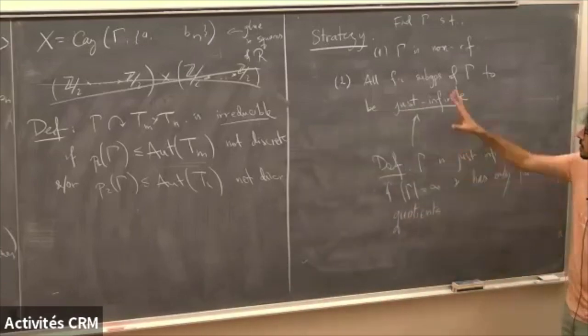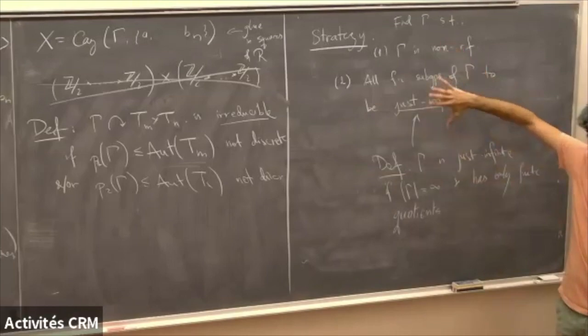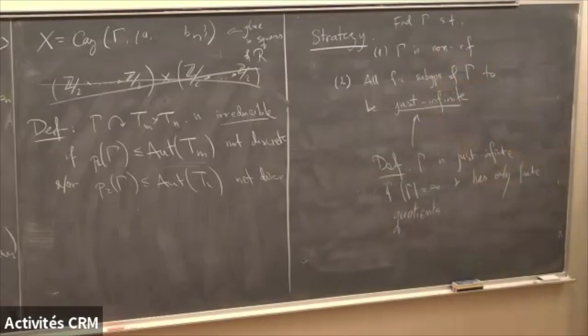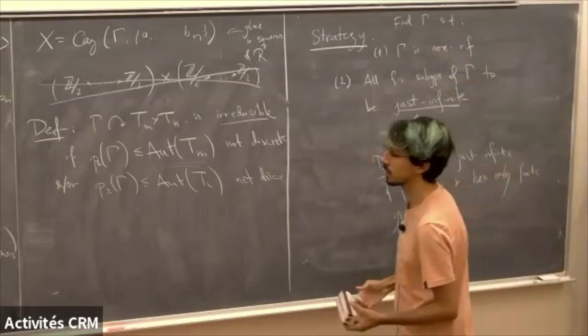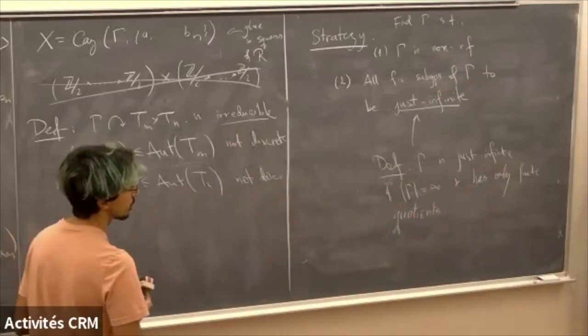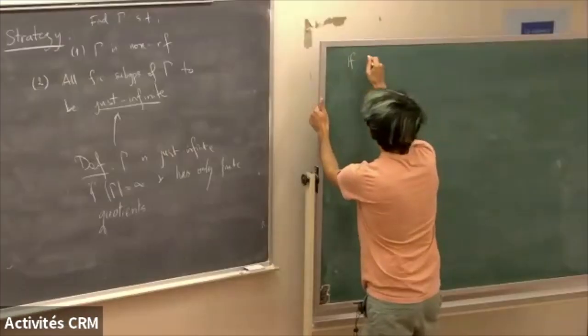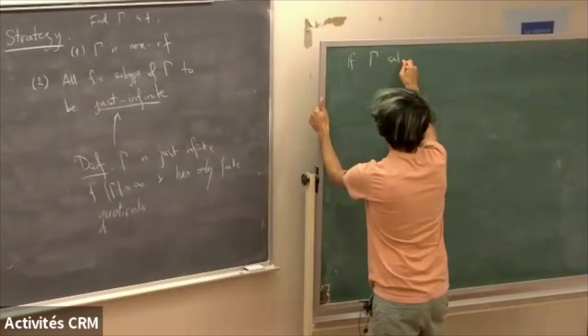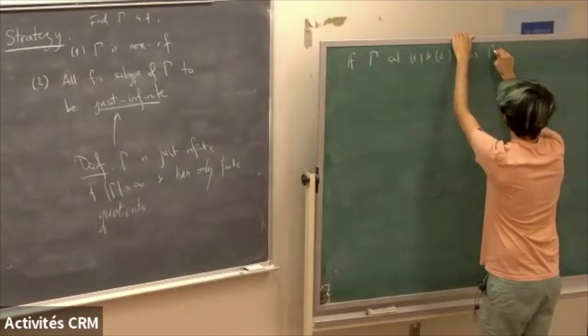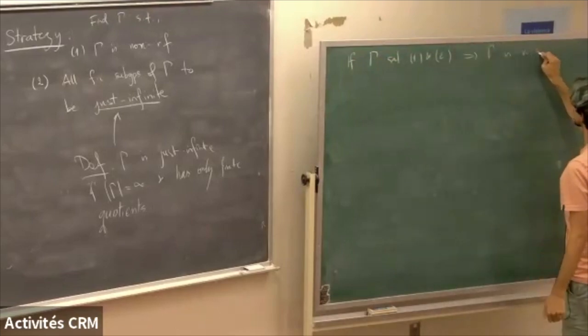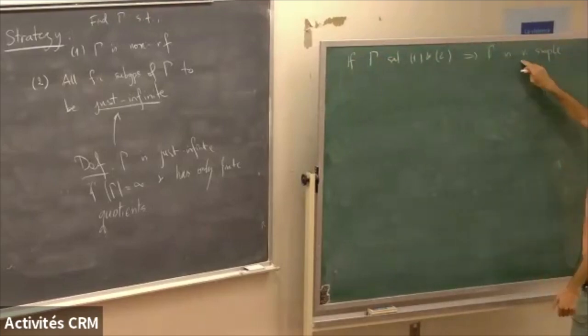Okay, so we already feel that there is some contradiction between those two things, and this kind of contradiction is exactly what will give us the fact that Gamma is virtually simple. If Gamma satisfies 1 and 2, then Gamma is virtually simple. Again, virtually means it has a finite index subgroup which is simple.